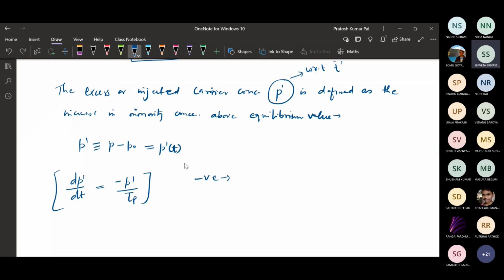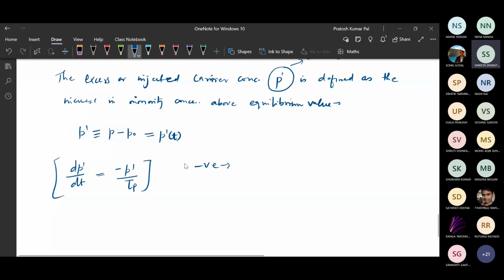In recombination, p dash is going to decrease. In generation, p dash is a positive value, because extra holes are generated. But in the recombination phase it decreases.